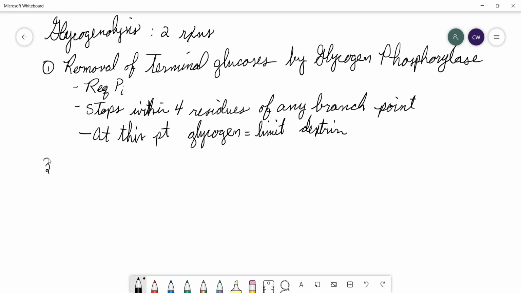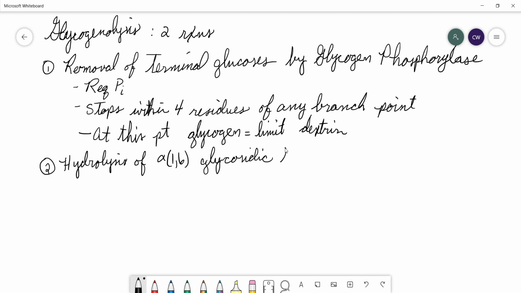Okay, that's when reaction 2 takes over, all right, which is the hydrolysis of the various alpha 1,6 glycosidic bonds. Okay, so amylo alpha 1,6 glucosidase, right, is responsible for this.